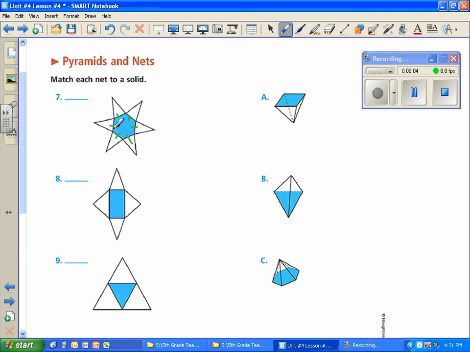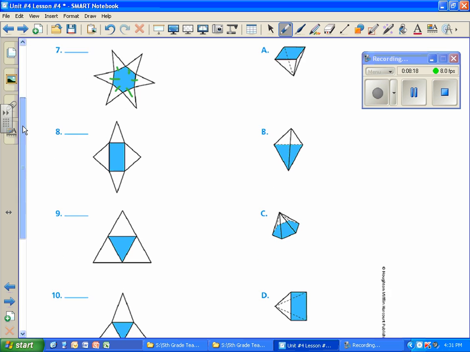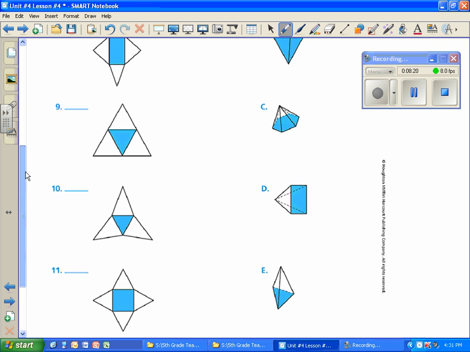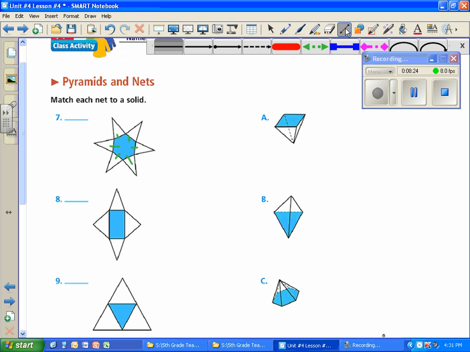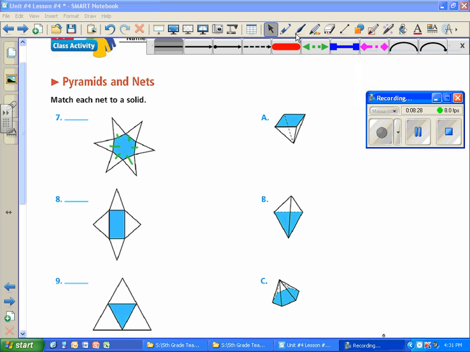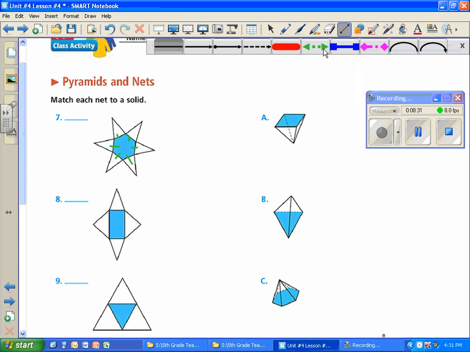Notice you have 6 faces too. So we're looking for a pyramid that has a base of 6 sides. If you look at A, B, C, D, and E, hopefully you recognize that the answer is letter C.